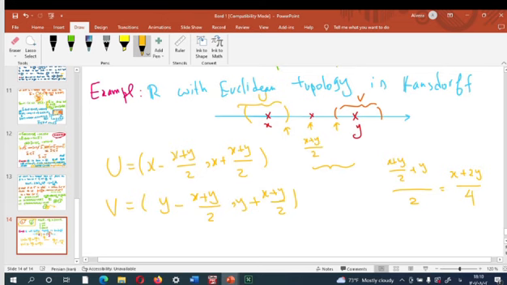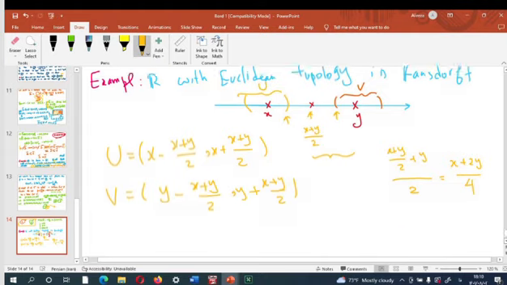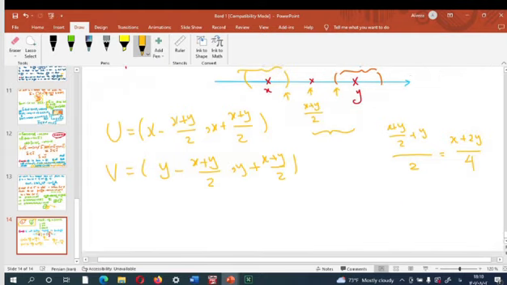You can consider this as your V, (y minus this, y plus this).